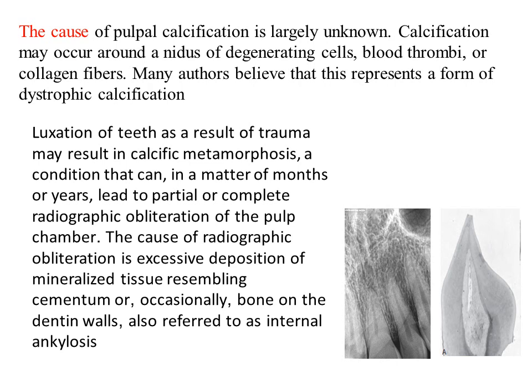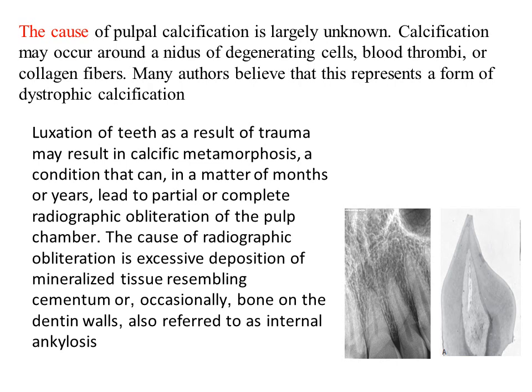It may occur around a nidus of degenerating cells, blood thrombi, or accumulation of collagen fiber. By the way, collagen fiber increases inside the pulp if there is inflammation. So maybe a neglected inflammation can cause that.